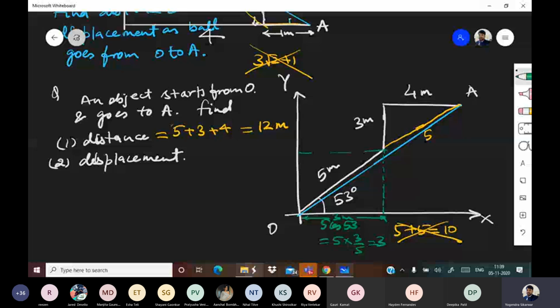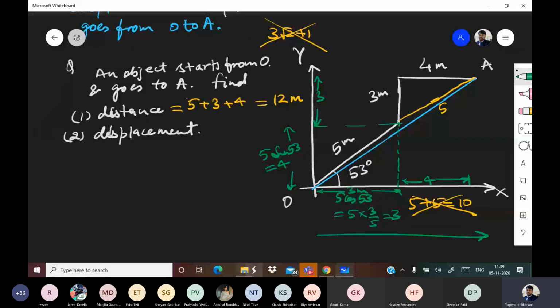Okay. Now if you pay attention, then this is 4 and this is given as 3. Similarly, this is given as 4. So x coordinate, x means this. So x is equal to 3 plus 4 is equal to 7. Y coordinate is equal to 4 plus 3 is equal to 7.